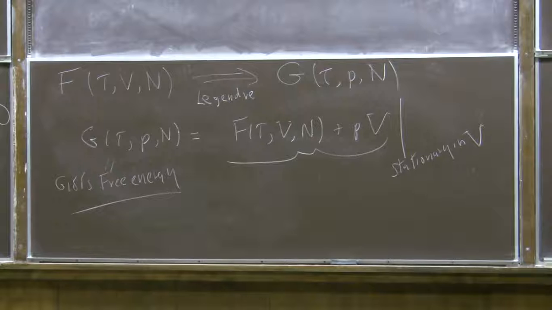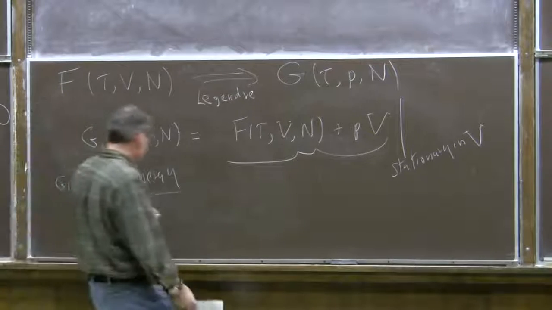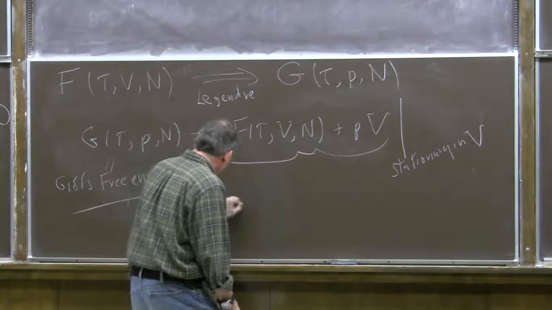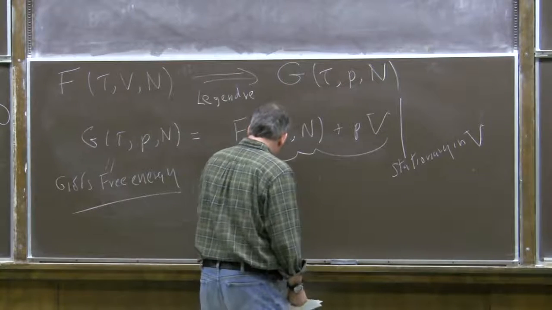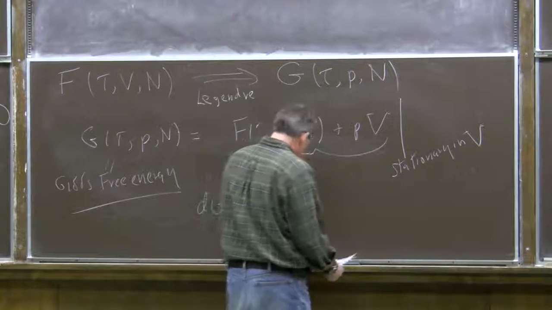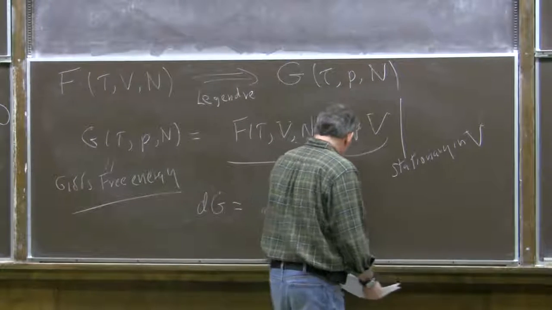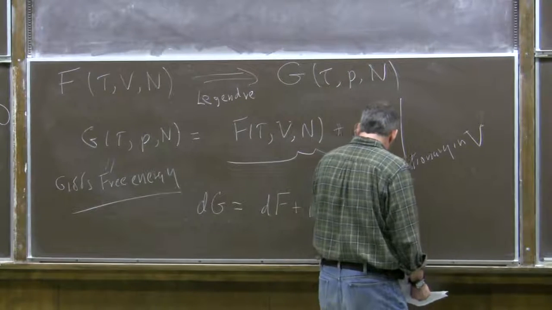And so, same argument as before, but now applied to the variation of the pressure and the volume. I can ask, what happens if I change the pressure a little bit? How does the Gibbs free energy change? So it's equal to dF plus P dV plus V dP.